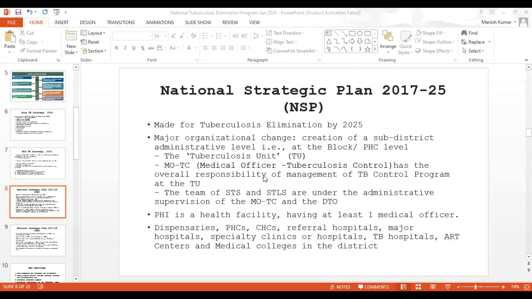They have also envisaged PHI. A peripheral health institute is a health facility talked about in the tuberculosis program, and it should have at least one medical officer who ensures that drugs are being prescribed to those patients.